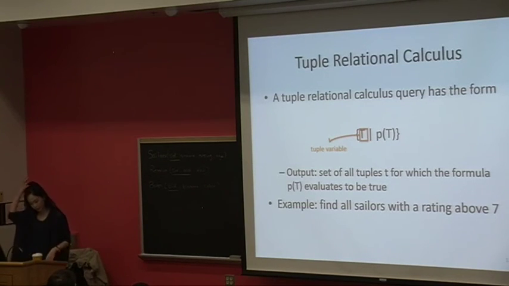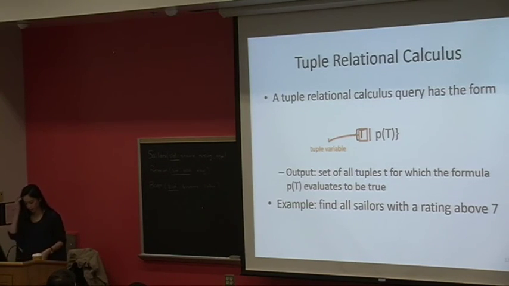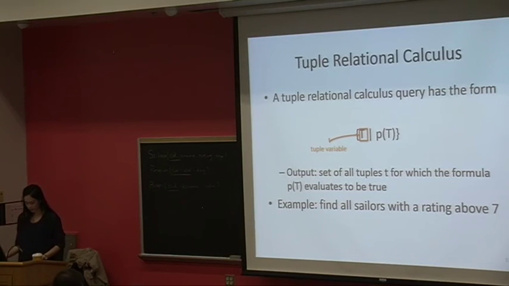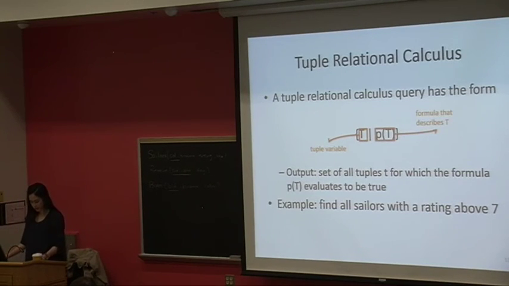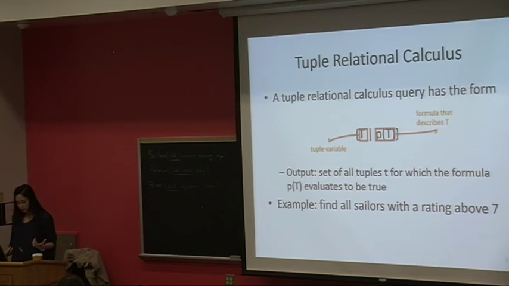I used to call them like the nickname for the relation or whatsoever. So this time we call it the tuple variable. And for P, it's actually a formula that describes T. So for this kind of form, the output will be the set of all tuples on T for which the formula P(T) evaluates to be true.